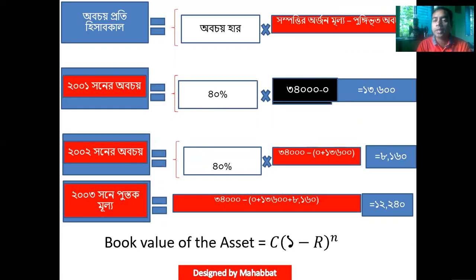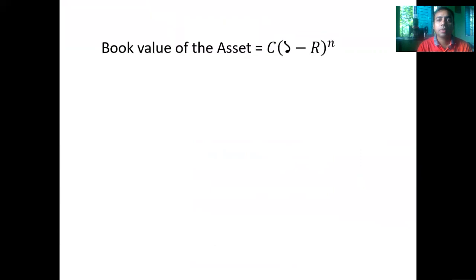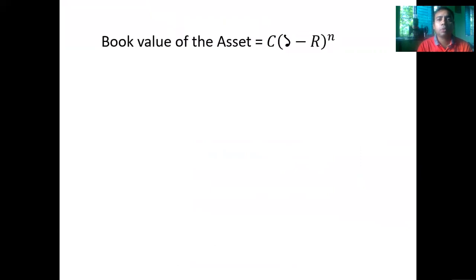For this reason, you have to use this formula, C within the bracket 1 minus R to the power n. This formula is very useful for the admission test, side by side for MCQ questions. So the book value of the asset is equal to C within the bracket 1 minus R to the power n.